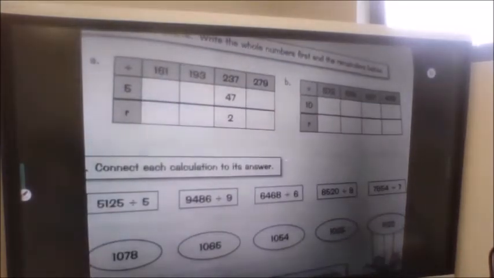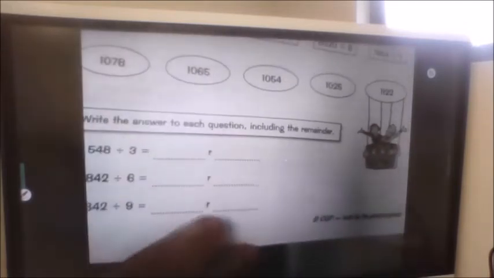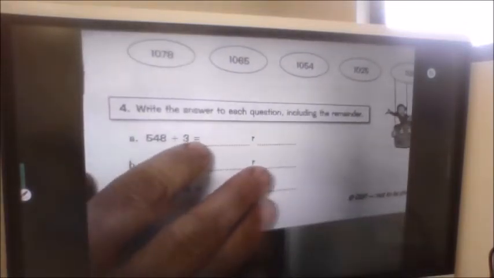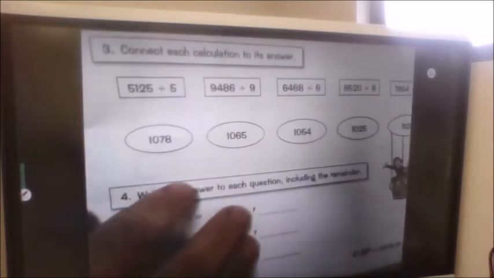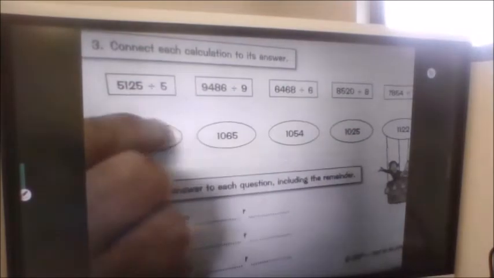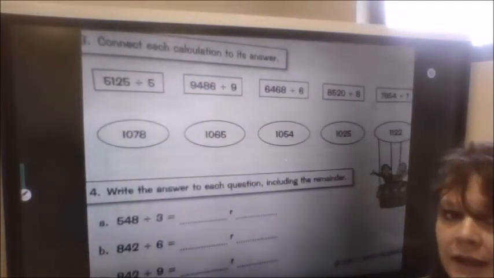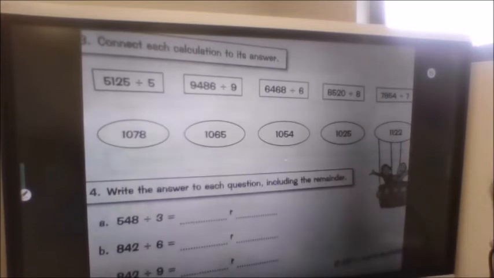Okay, so then we've got question 3, and you've got to work out the questions. You've got to match it to the answer. So you are given some questions here. You've got to calculate them, and then you can match them up to the answer. Okay, nice and straightforward then with that.